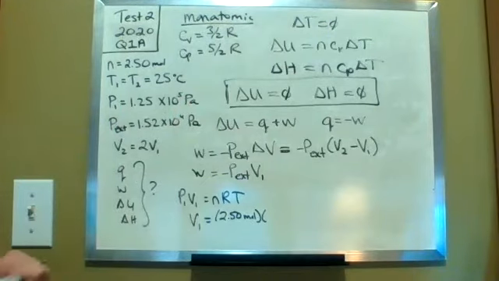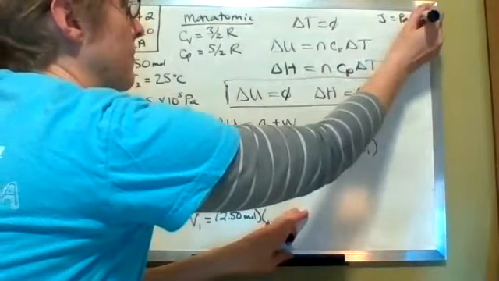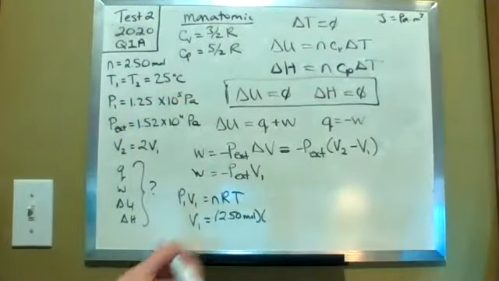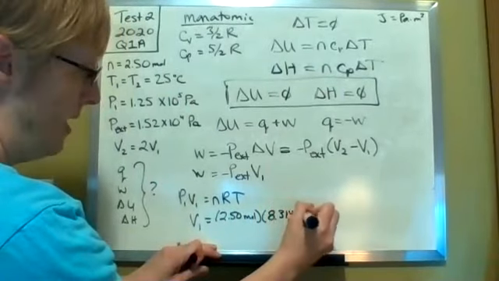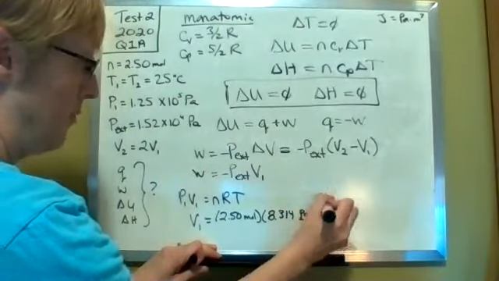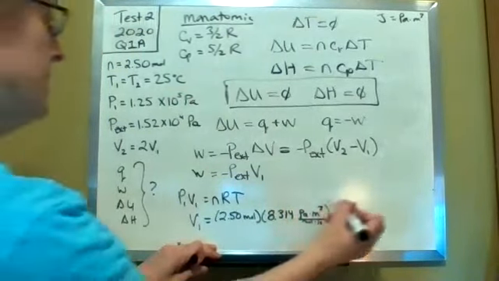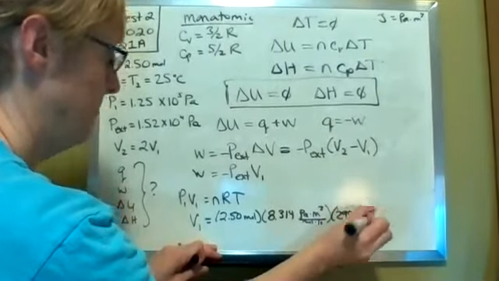Remember, a joule is a Pascal meter cubed. Okay, so we use 8.314. I'll write it in as Pascal meter cubed per mole Kelvin. And then T, switch that to Kelvin, we have 298.15 Kelvin.